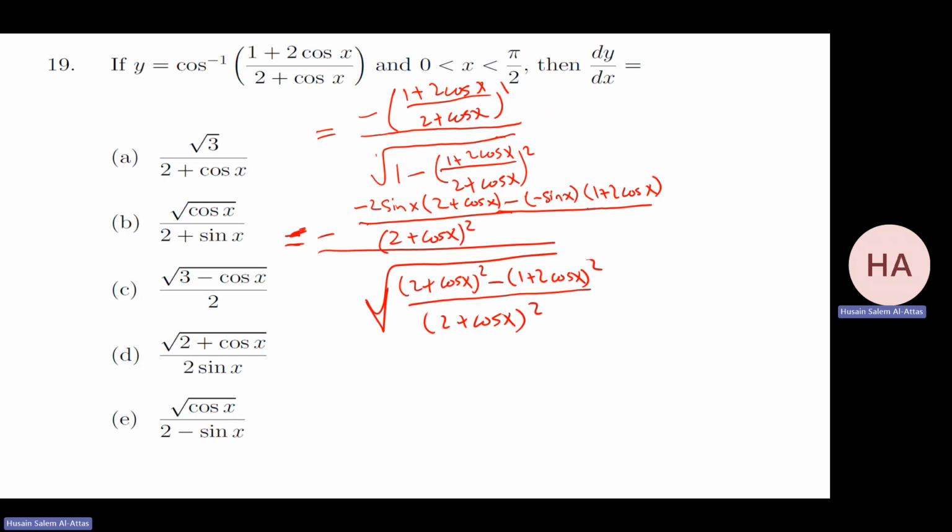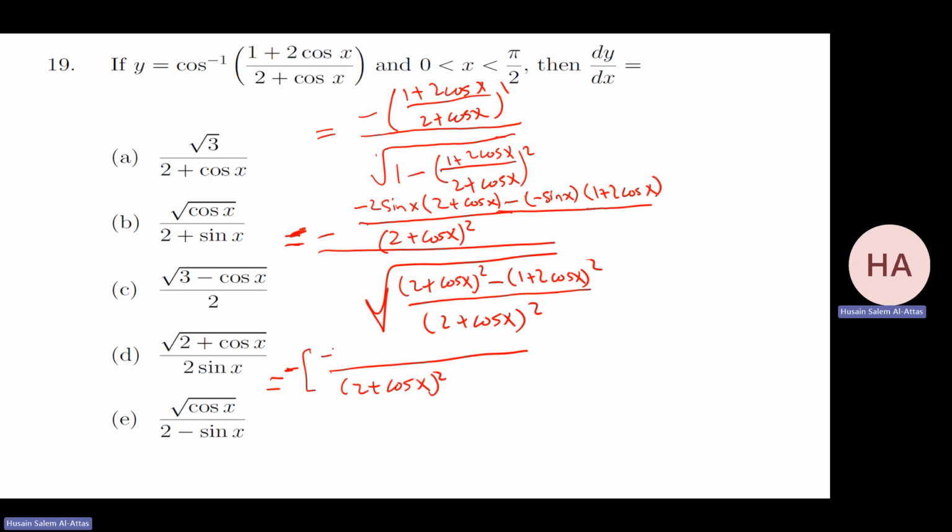Okay. So that will be what? Don't forget the minus sign. I have what here? This is over 2 plus cosine x all square.